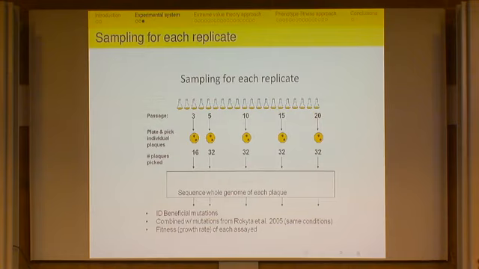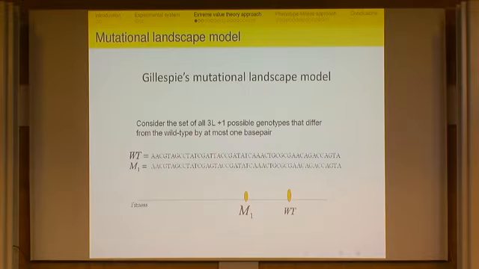Okay, and so ID stands for Idaho, and the very first paper that came out that basically looked at this theory was by Rokyta in 2005, and it looked at some of the predictions of Gillespie and Orr's model. But we'll move on from what that said in a minute.